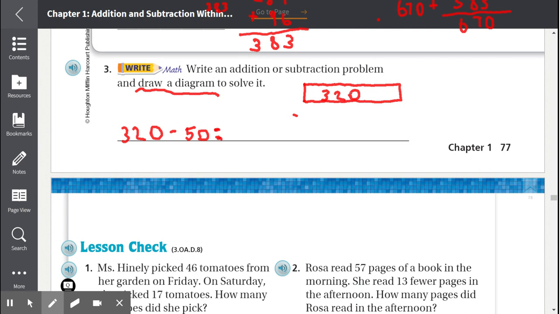The way we're going to show subtracting 50, we're going to show a shorter bar. And the difference will be the last bar. So it'll come up to here. We know it's going to be shorter. So 320 minus 50.